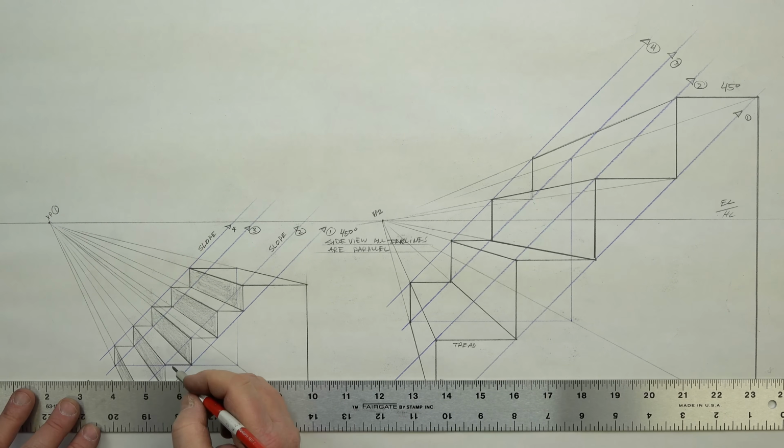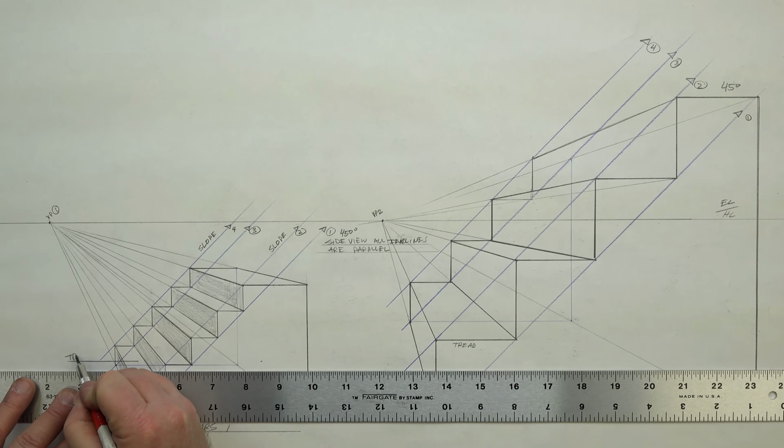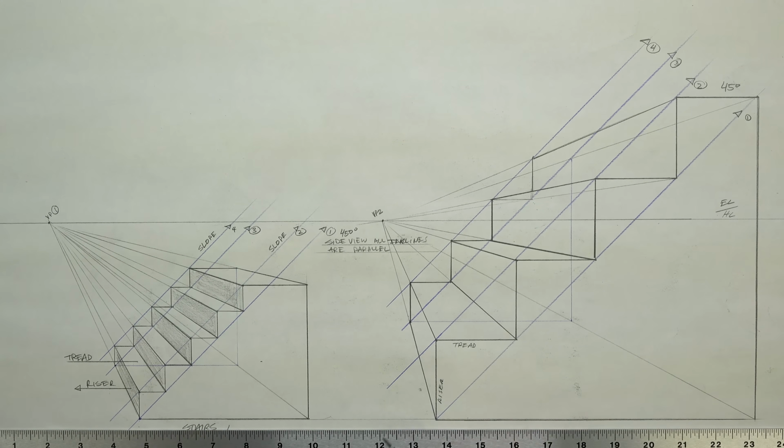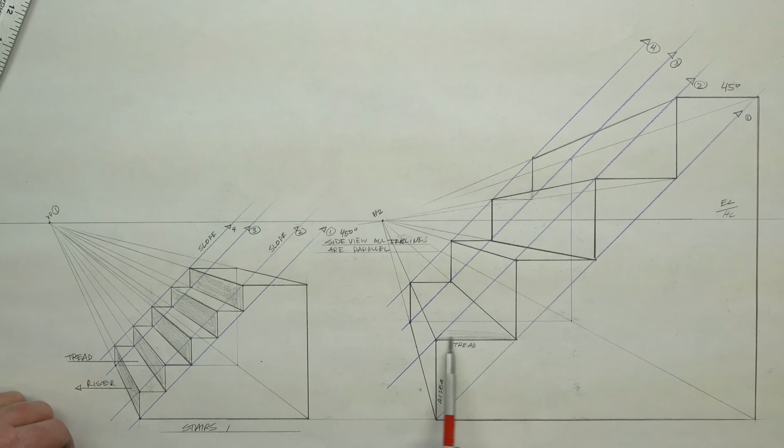And here we have tread. All right, so we have that. Same thing here. So here we could shade in. We'll do the treads. So we'll shade in the tread here so you can see it a little bit clearer.